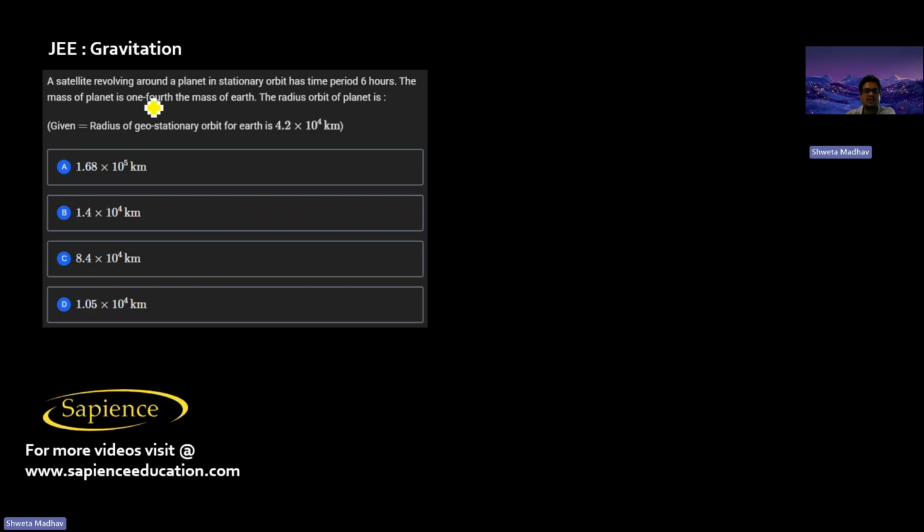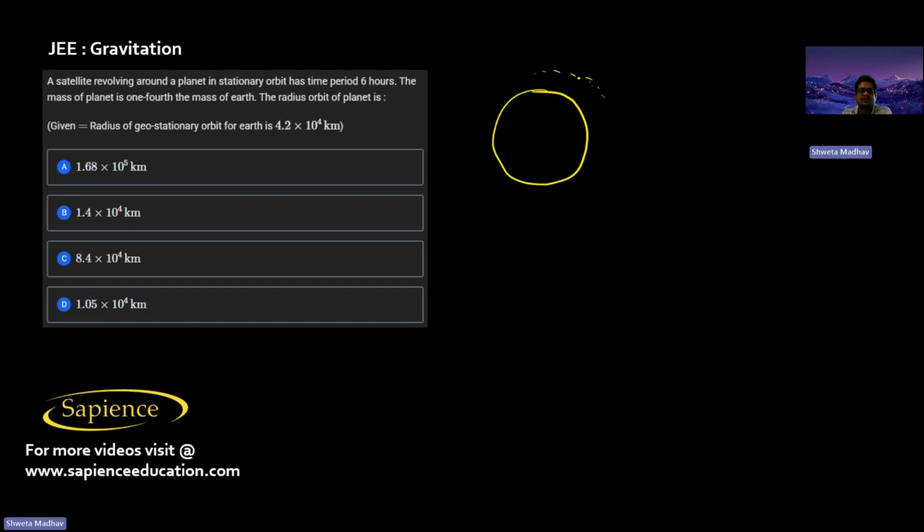Then it is told a satellite is revolving around a planet in a stationary orbit with a time period of 6 hours. The mass of the planet is 1/4 the mass of Earth.